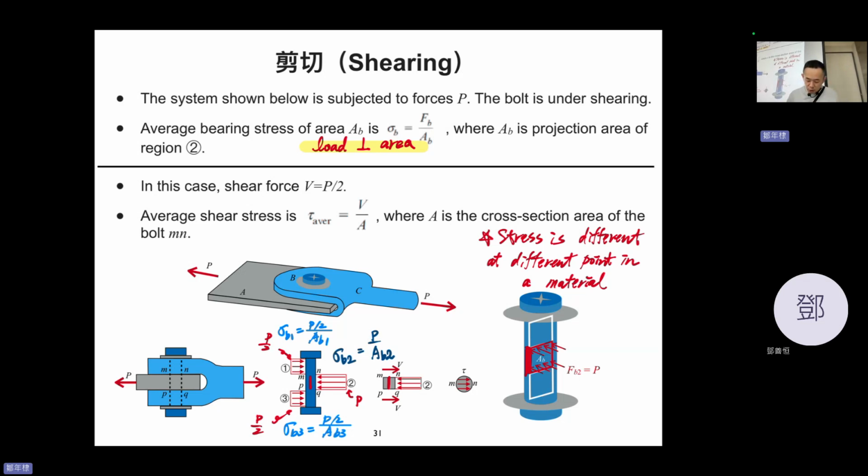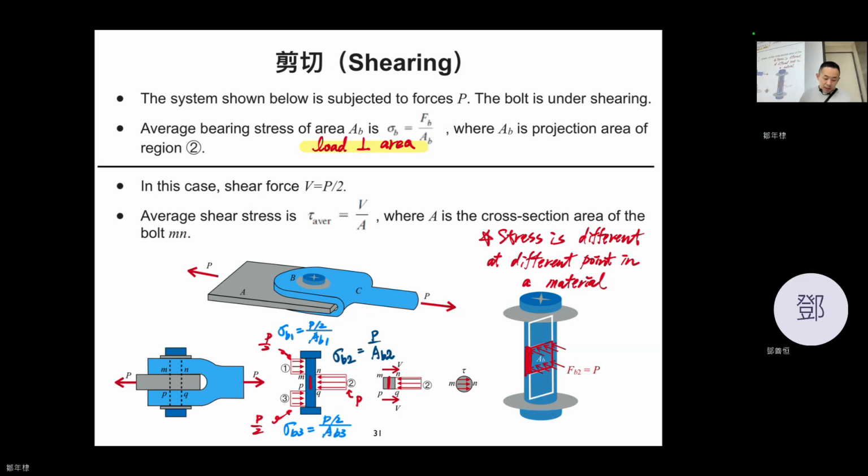You can imagine this surface stopping the P here, trying to bury it. Okay, bury it. Okay, so this is bearing stress, not shearing stress. So maybe you think, why are you going to talk about shearing, but why are you talking about bearing? Well, because sometimes they happen together. Okay, I am going to tell you what shear occurred in this example.